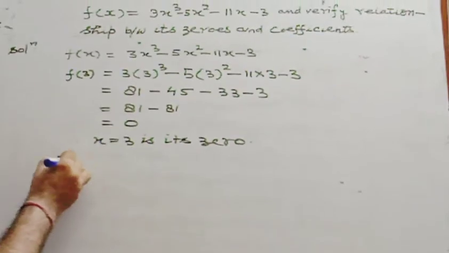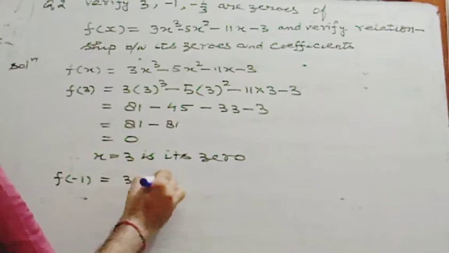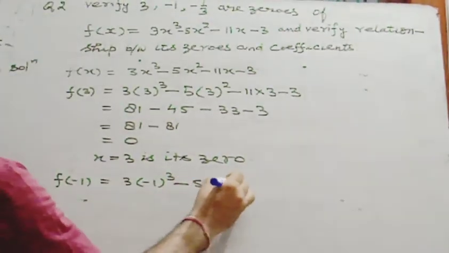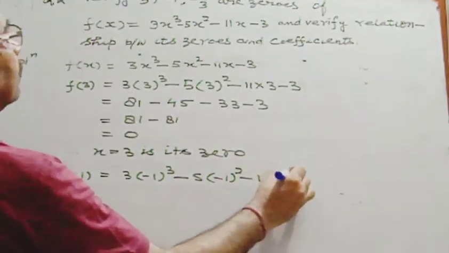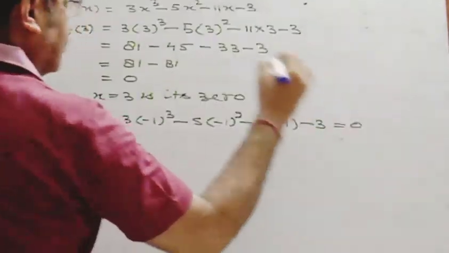Also f(minus 1), we check for the second value. 3 into minus 1 cube minus 5 into minus 1 square minus 11 into minus 1 minus 3. By calculation we find 0.